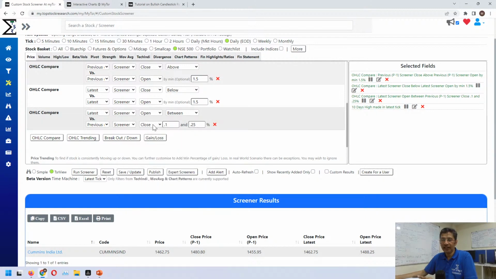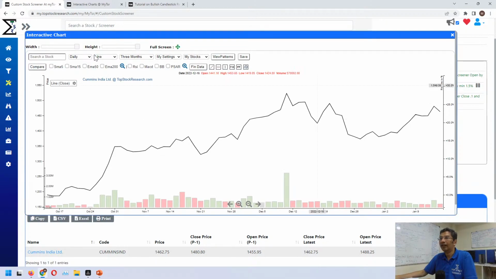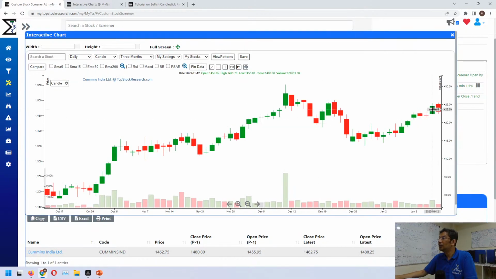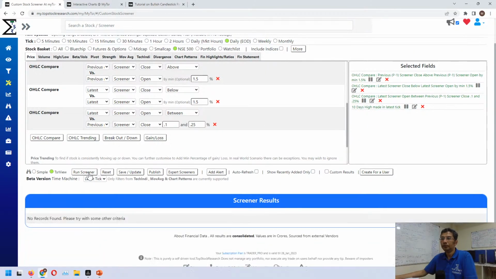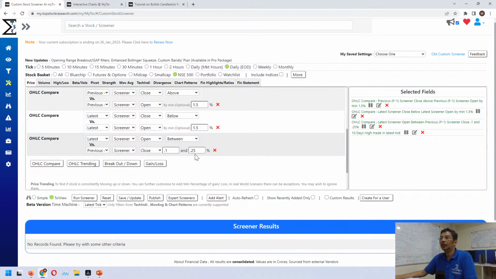Remember, the previous was a green candle, so the latest was red. So this should be almost at a near level. That's the condition we are trying to apply. Okay, no stocks. Maybe it's a little too stringent.